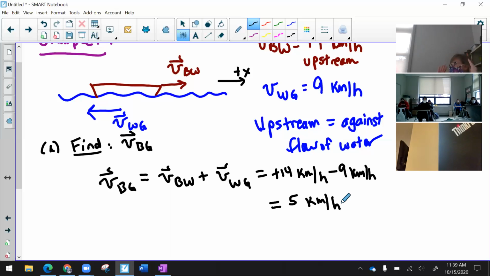So if you were standing on the shore, on the ground, and there was a seagull just floating in the water, not moving its feet, that seagull would move in the direction of the water. The boat is also affected by the motion of the water, but it also has its own motion. So you would be sitting on the shore and you'd see the seagull go this way, but you'd see the boat go that way.